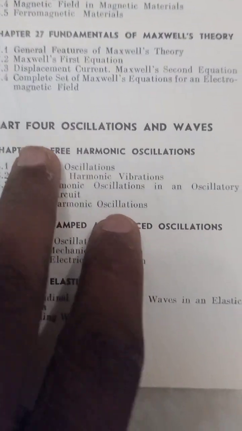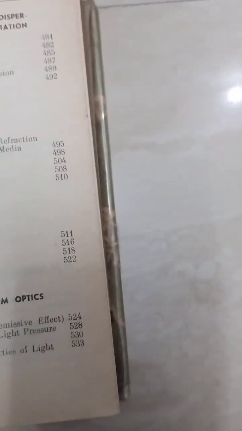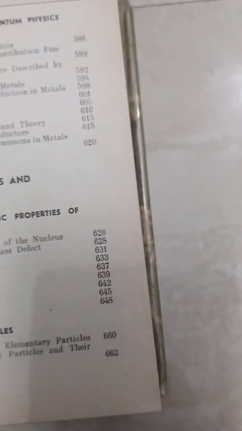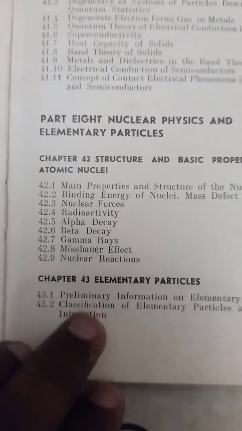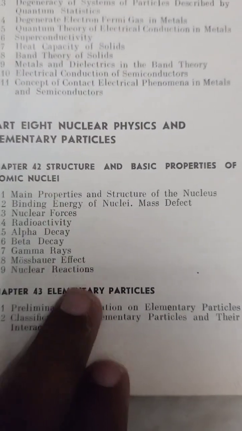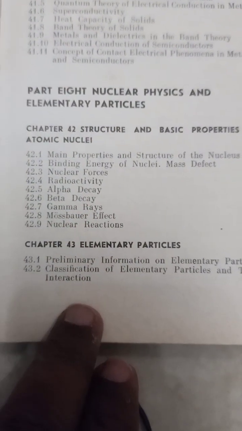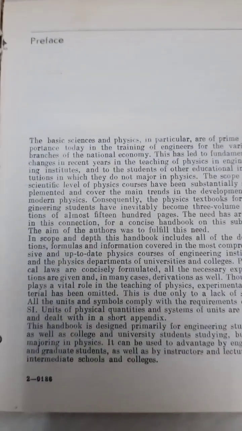And the book is divided into a total of, let me say, part 5 is optics, part 7 is solid state physics, part 8. So you will find the book is divided into 9 parts, where part 9 is the appendix, and part 8 is nuclear physics and elementary particles, where different topics of nuclear physics like radioactivity, alpha decay and elementary particles are also there in this book.